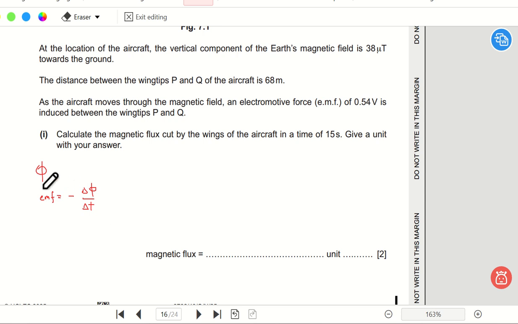We have the EMF and the time, but we don't have the change in phi, so we simply rearrange and get phi. As I choose EMF to be in V and time in seconds, the unit will certainly be Weber for phi.